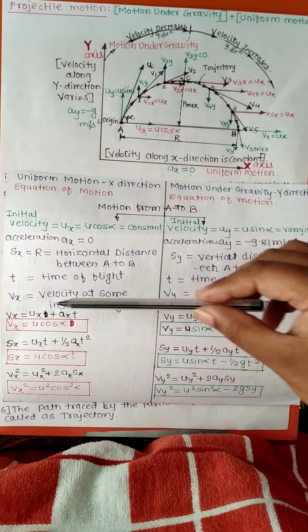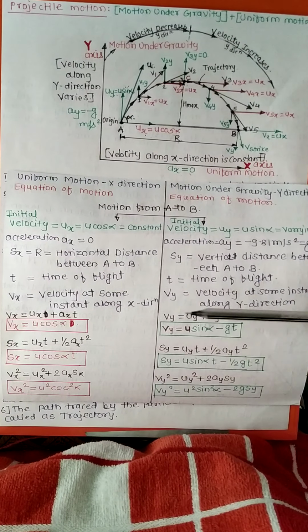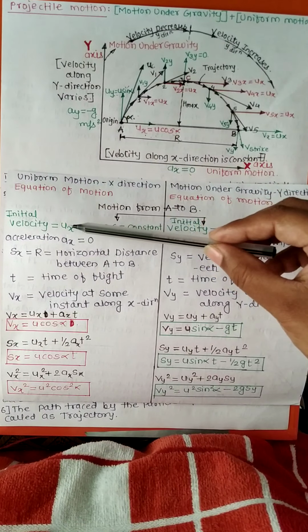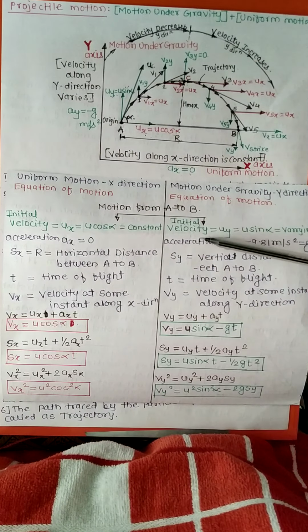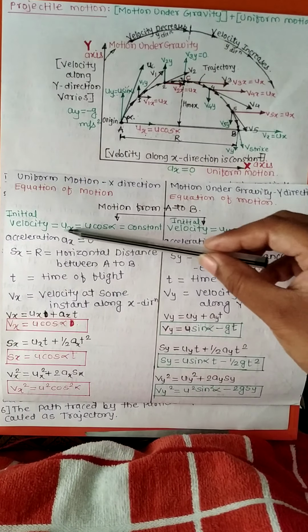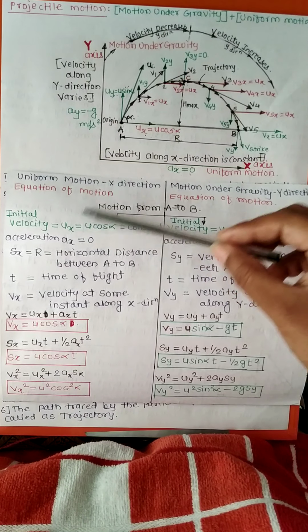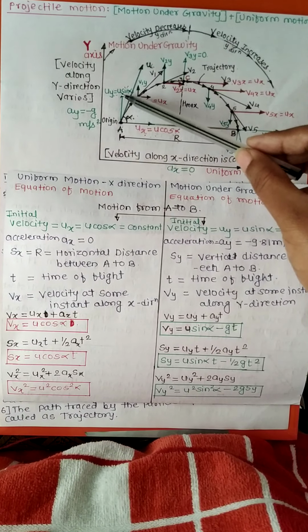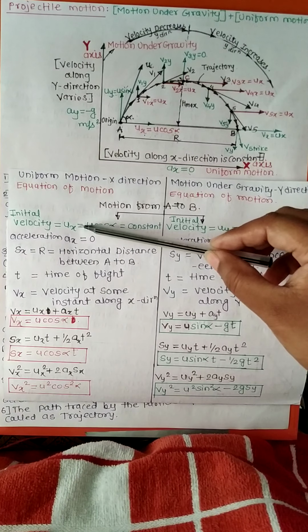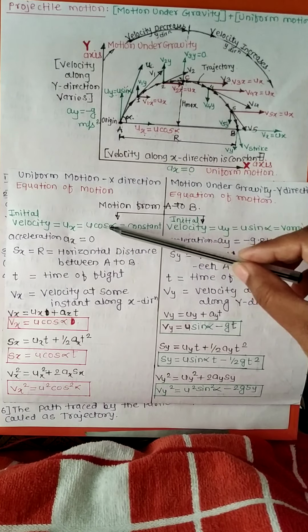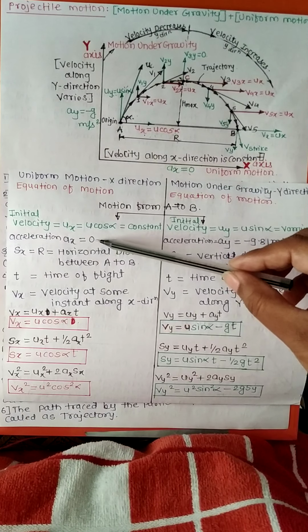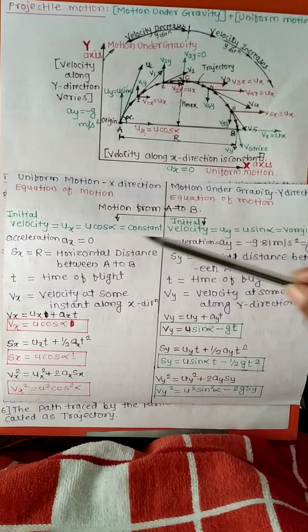Now, with these terms we can write the equations of motion by using this substitution: velocity along the x direction is constant and velocity along the y direction varies. Now, the initial velocity along the x direction at the point A is u cos alpha, and that is constant. Therefore, acceleration along the x direction is 0.